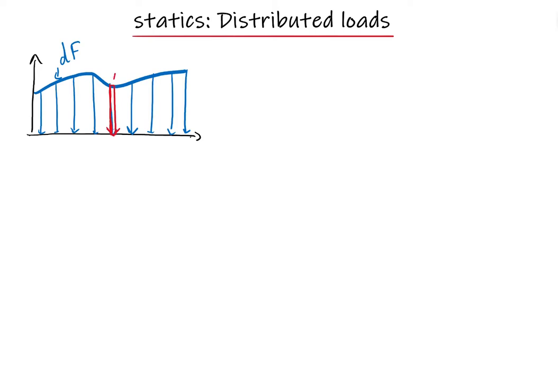We cut the force that is applied on the beam into little rectangles. They are so little that the width is called dx. We are on the x-axis and this is the y-axis. So the width of this rectangle is dx.